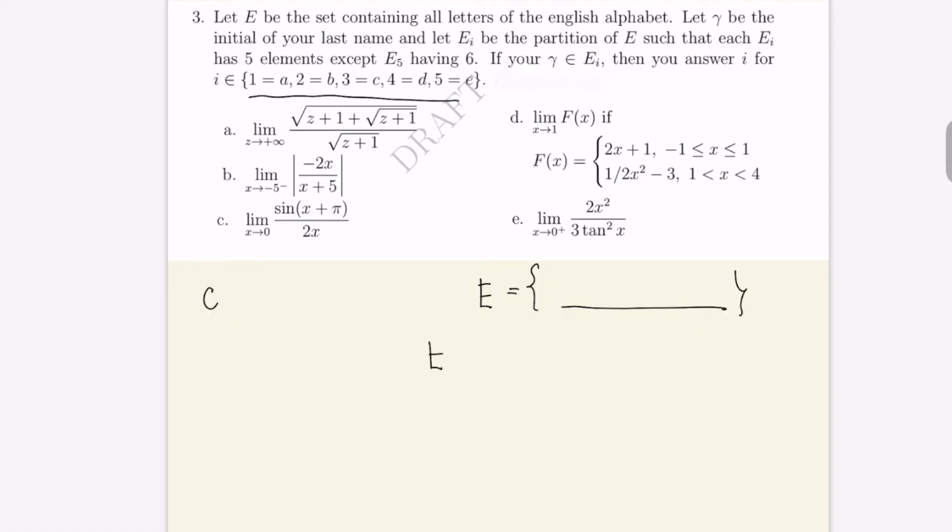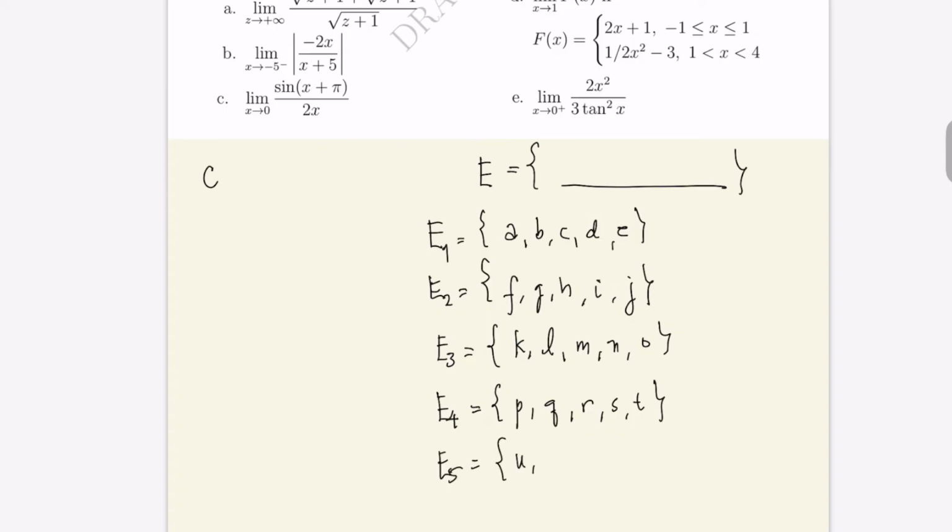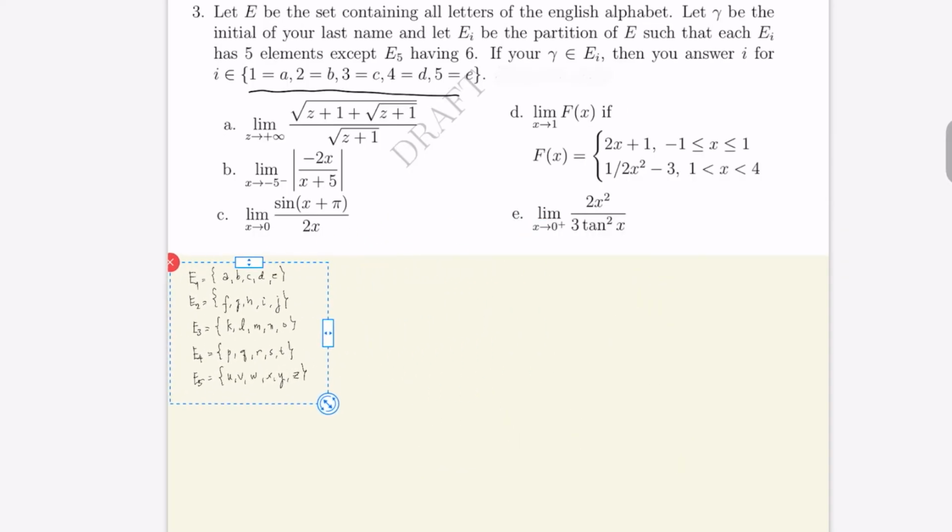Starting from E sub 1, there are 5 elements: A, B, C, D, E. E2 we have F, G, H, I, J. E3 is K, L, M, N, O. E4 is P, Q, R, S, T. And E5 having 6: U, V, W, X, Y, Z. So these are the partitions of the English alphabet.